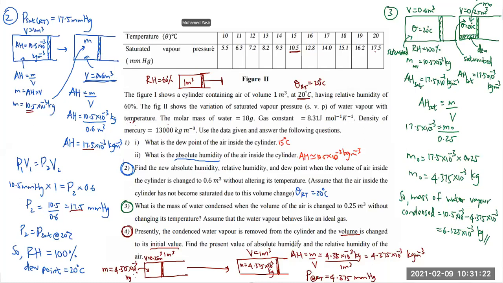Then let's finish it off. We are supposed to find the present value of absolute humidity and relative humidity. What is the equation for relative humidity? Relative humidity is unsaturated vapor pressure at room temperature divided by saturated vapor pressure at room temperature, into 100. So unsaturated vapor pressure is 4.375, saturated vapor pressure is 17.5, into 100.